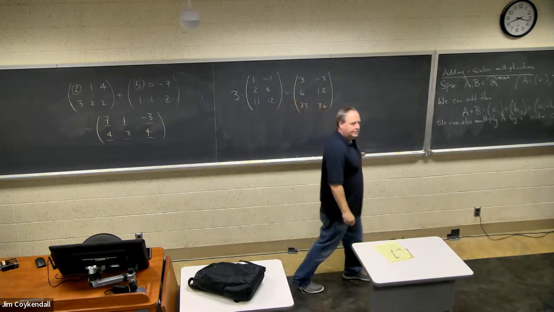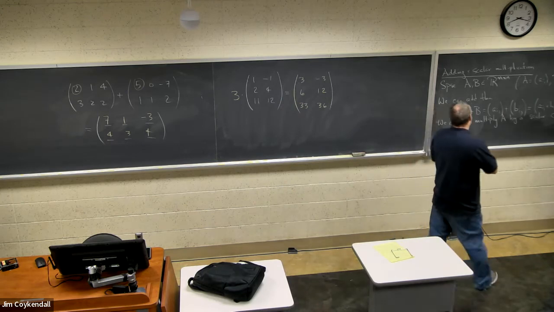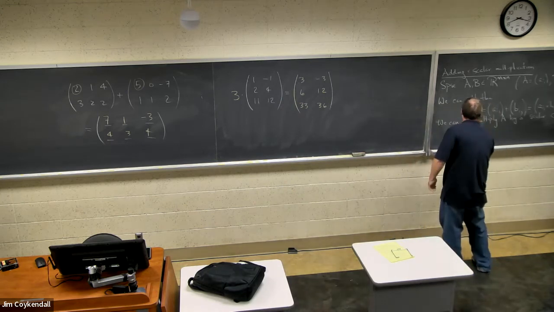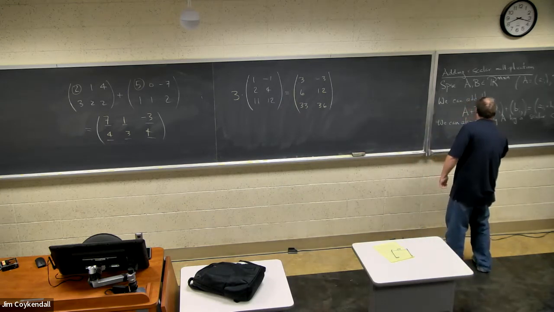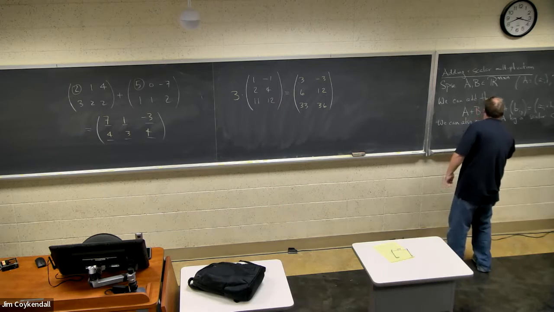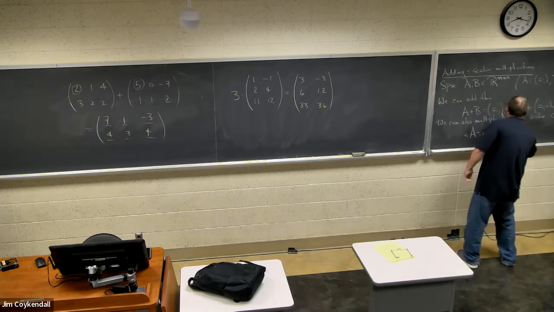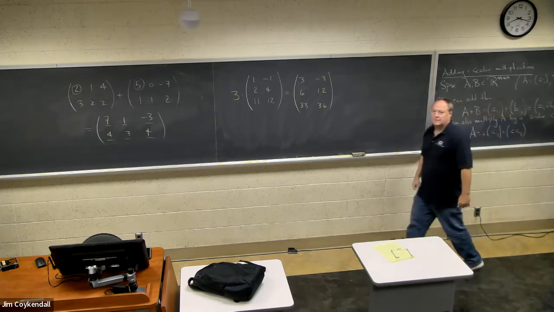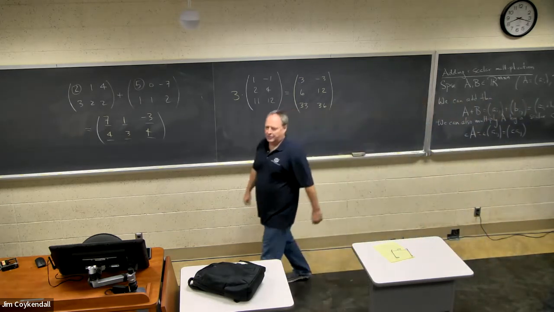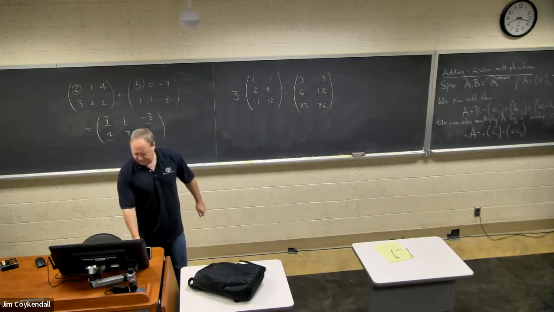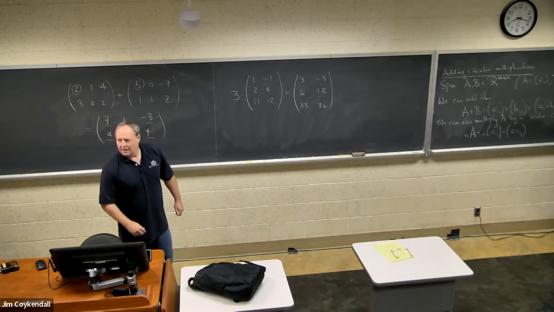Just like that. So C times A is C times matrix Aij. Is matrix C Aij. So you just multiply entry by entry. Any questions?